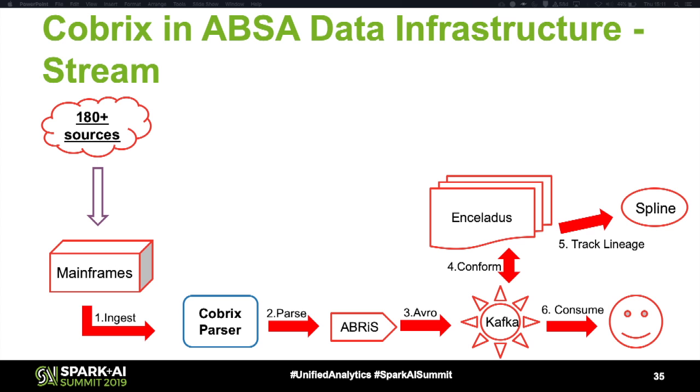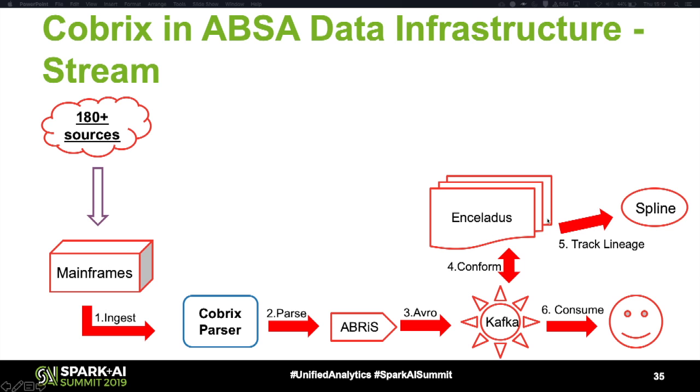We would read it using Spark and Cobrix to parse the records into data frames or streaming data frames. We've got this tool called ABRiS. We call it a bridge between Spark SQL data frames and data frames of binary Avro records. This is for interoperability with other systems. And ABRiS also has full Confluent support. So if you are using the cool features around Kafka and streaming, like the schema registry, ABRiS can help you with that.